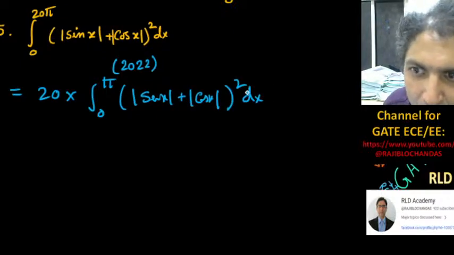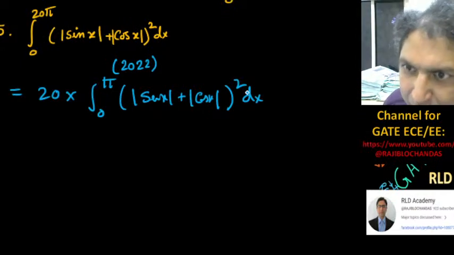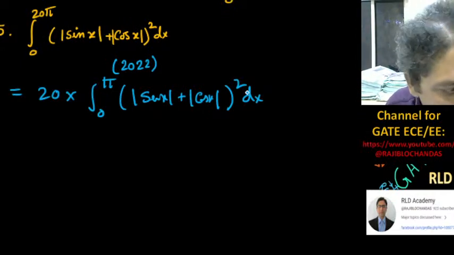So individually, mod of sin x, its period is pi, mod of cos x, its period is also pi.